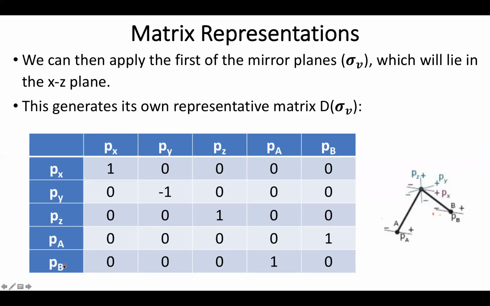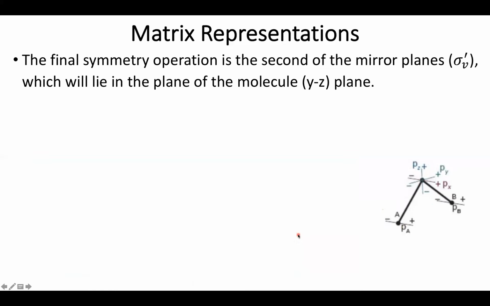So again, now Pa becomes Pb and Pb becomes Pa, but now no negative signs are associated with this. So this then gives us our final matrix operation, which is going to be our second mirror plane. So this is the YZ plane. This is the one that cuts along the plane of the molecule.